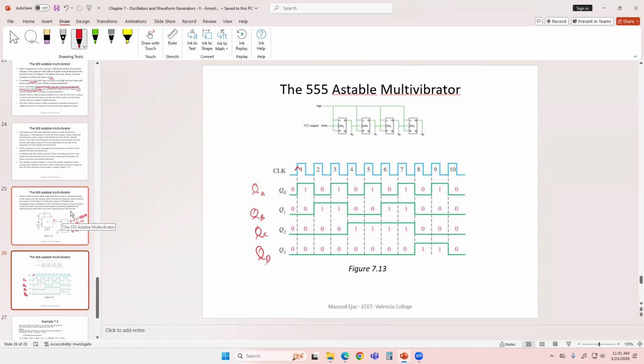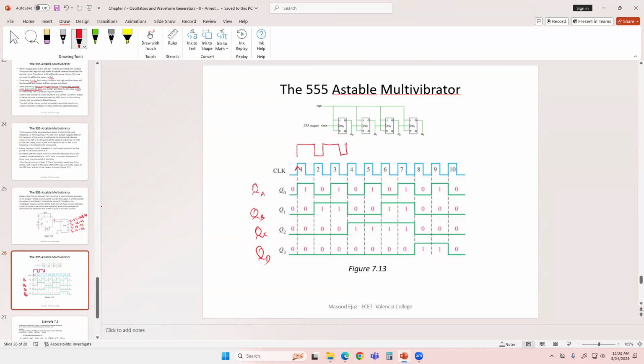So whatever the clock is coming, irrespective of the duty cycle. Remember, duty cycle doesn't matter because you can have more time in high and less time in low. Remember that the transition is what matters.